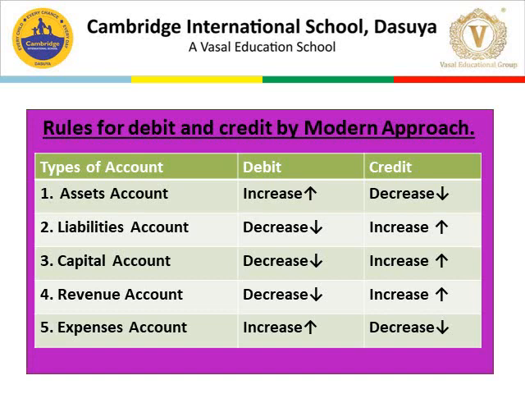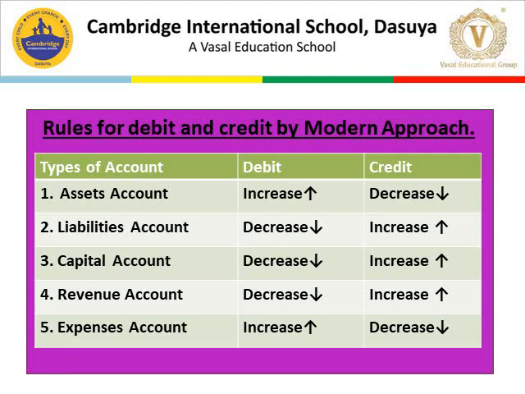In the same manner, capital account. When capital increases, it is credited, and when it decreases, it is debited. Revenue, which is our income. When there is an increase in revenue, it is credited, and a decrease in revenue is debited.